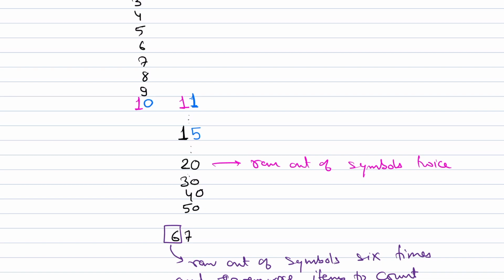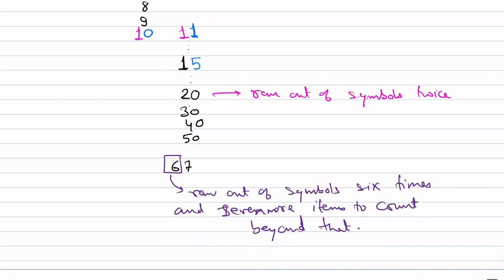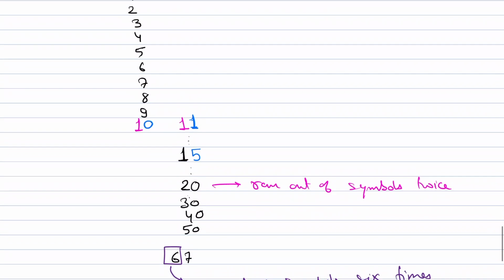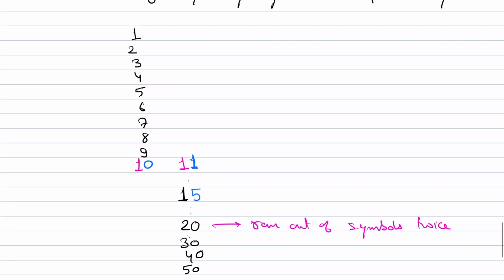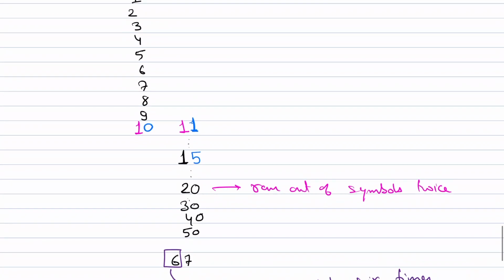Okay, so this is how we keep tally of numbers using only finitely many symbols. I understand that it takes a little effort to appreciate, but you should appreciate how organized the numbers are kept: just keeping a tally of how many times I ran out of symbols, and then how many more to count.